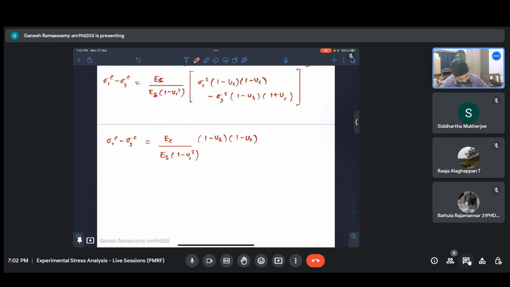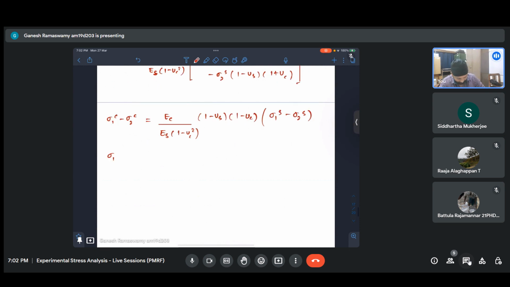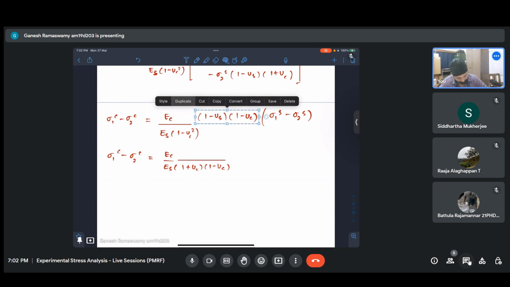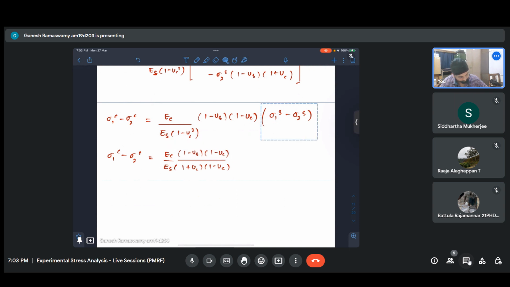Into sigma 1s minus sigma 2s. So which implies sigma 1c minus sigma 2c is into this. So we can see from here that these cancel out.